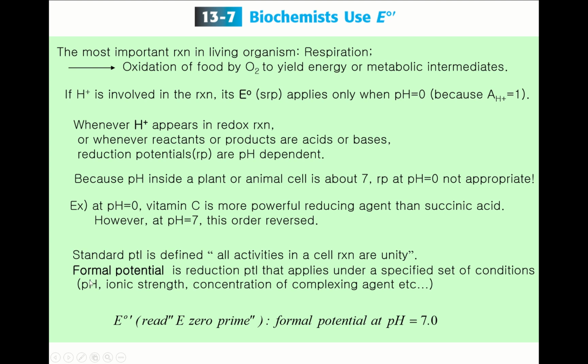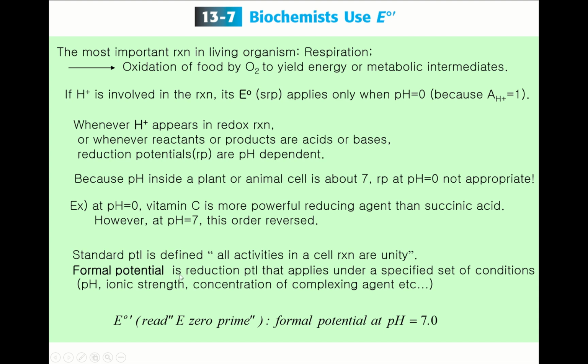The standard potential is defined with all activities in a cell reaction at unity. But as I said, when protons are involved, that means the pH is 0. That's not realistic. So we have to recalculate the standard reduction potential at pH 7.